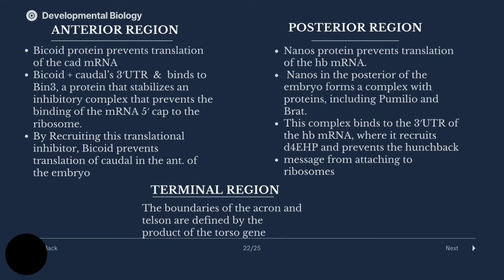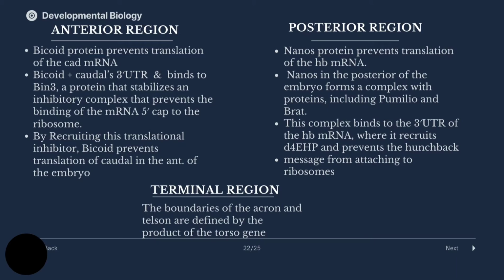That is, at the anterior region, the bicoid protein prevents the translation of caudal mRNA. How it happens is that the bicoid binds to caudal's 3' UTR region and to a protein called d4EHP, which stabilizes an inhibitory complex that prevents the binding of the mRNA 5' cap to the ribosome, so that the 5' region of the mRNA cannot pass through the ribosome and get translated into protein.